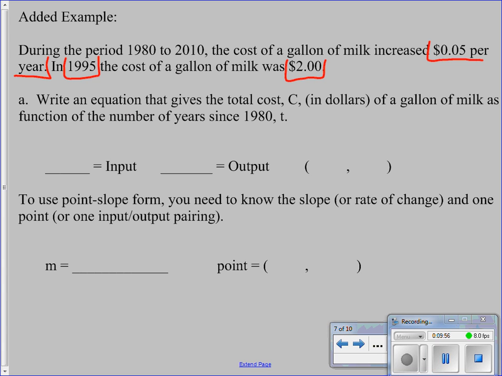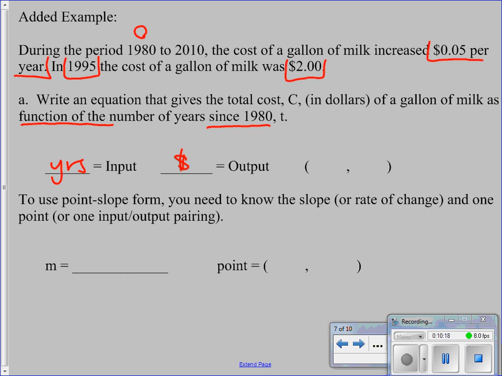Now we're going to write an equation that gives the total cost C as a function of the number of years. So that means my years is my input, and my output is the cost. But do you notice that it says years since 1990? That means that 1990 is the beginning year. It's year 0.